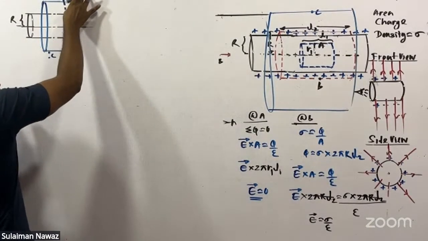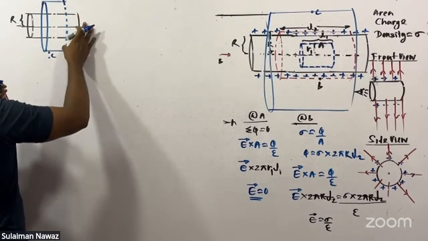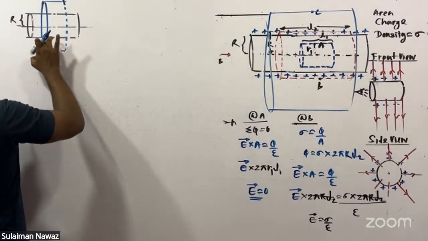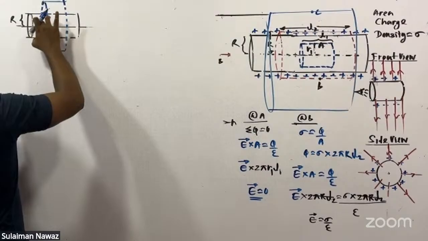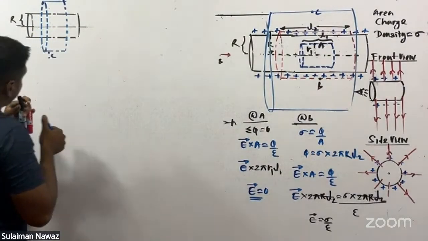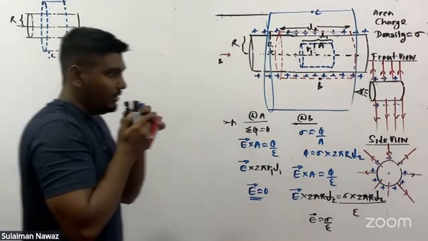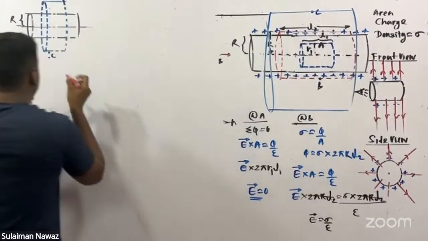Normally we use dotted lines to represent Gaussian surfaces; we don't draw dark colors. I draw the charges on the hollow conductor cylinder using my red color.